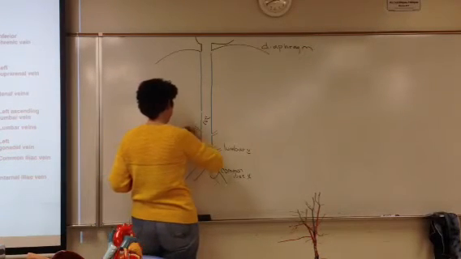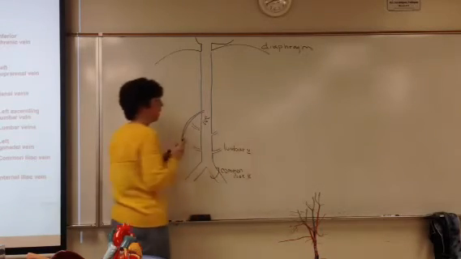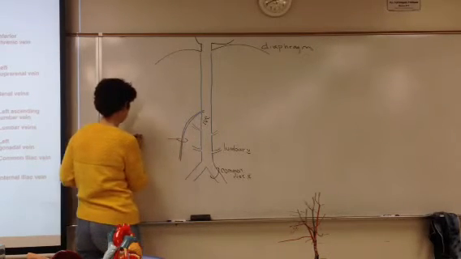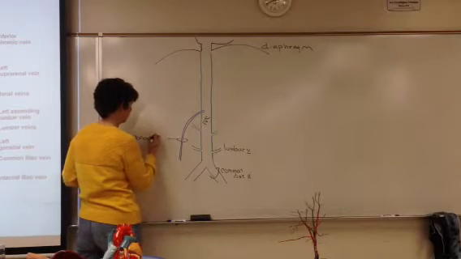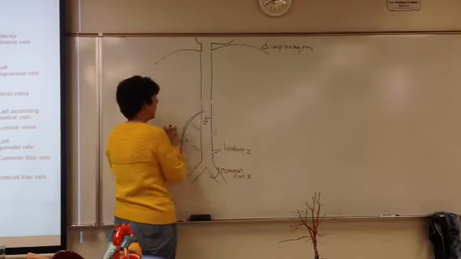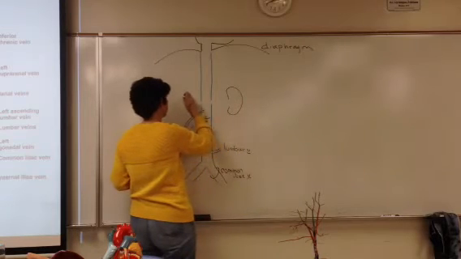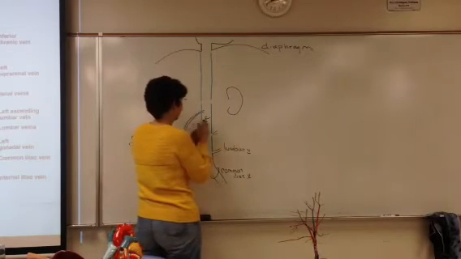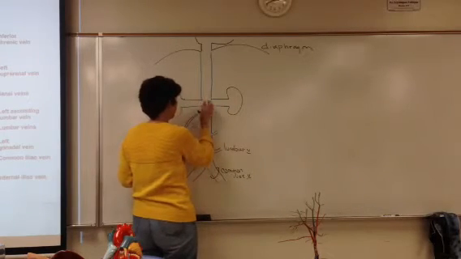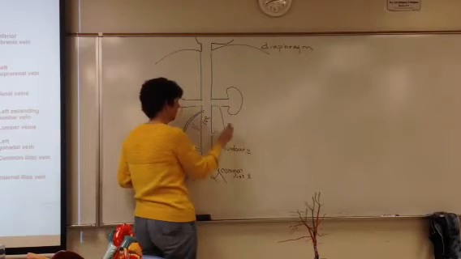So the right gonadal vein, either testicular or ovarian, will drain directly into the inferior vena cava. The other gonadal vein, instead of the inferior vena cava, is going to drain into the kidney. So we have renal veins that will drain into the inferior vena cava. And then the left gonadal will drain into the renal.